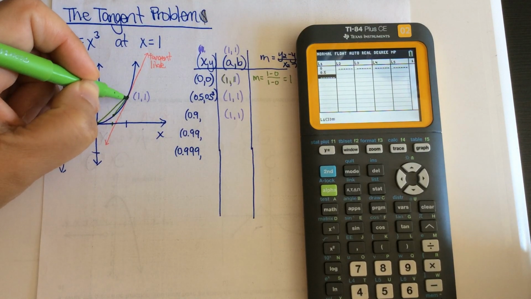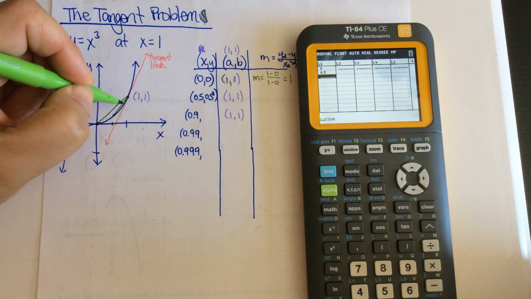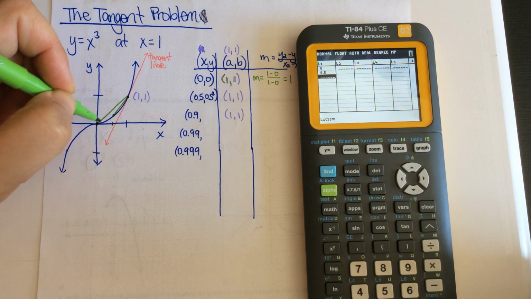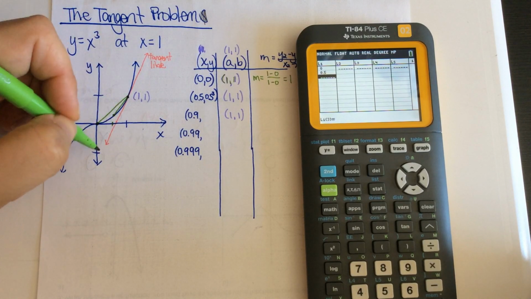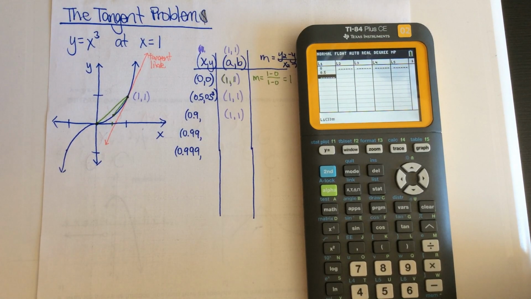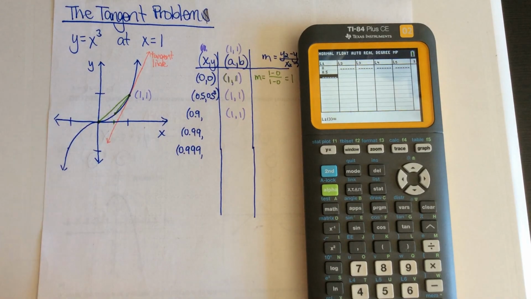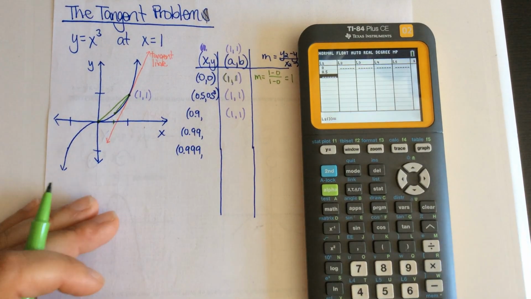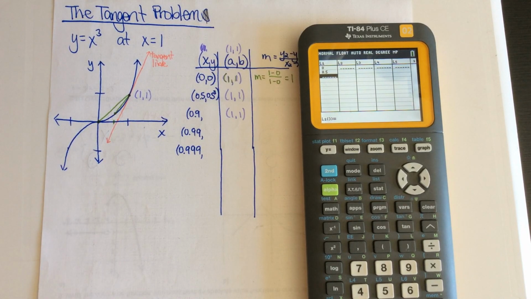If I could draw in those secant lines, which I can't because the picture is too small, you would see that the slope of the green is getting closer and closer to the slope of the tangent line until we actually get a value. Let me show you how it shows up, not visually because that's too hard to do, but numerically. And then I bet there's something we could do on Desmos so I could show it to you visually.